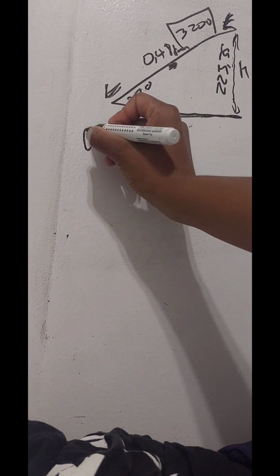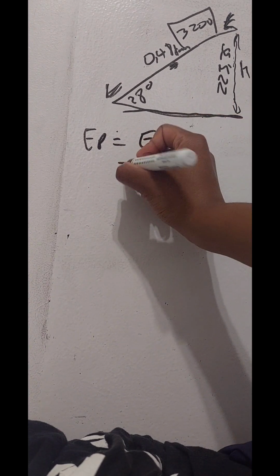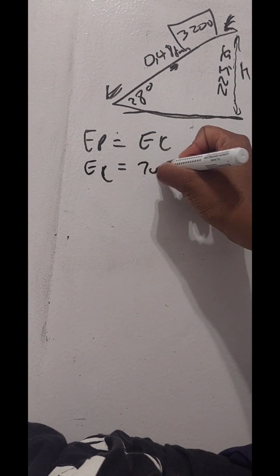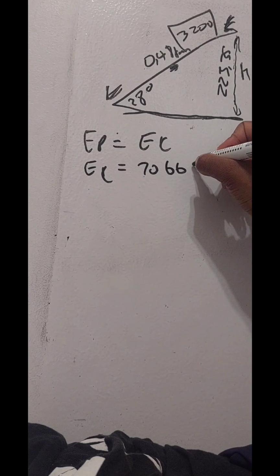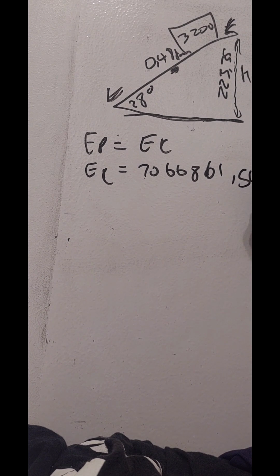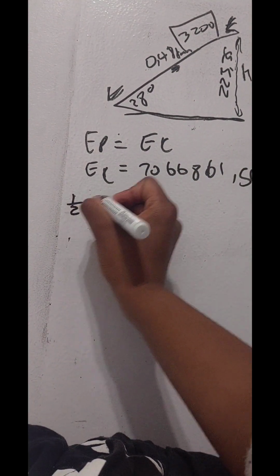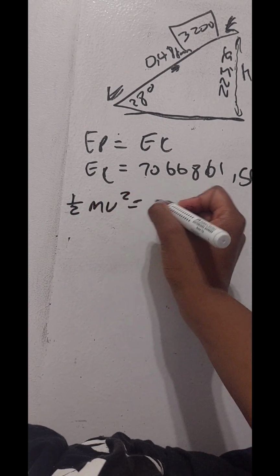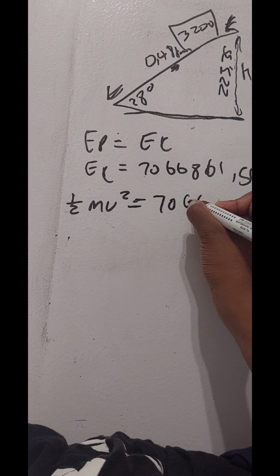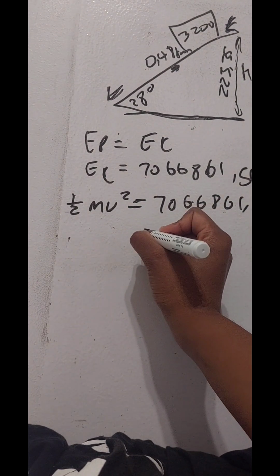So EP, which is that long answer, let me just rub it and write it here. EP is going to be equal to EK, and that means EK is going to be equal to 7066861.54, right? And we know what EK is. EK is half mv squared, equal to that long answer, 7066861.54.